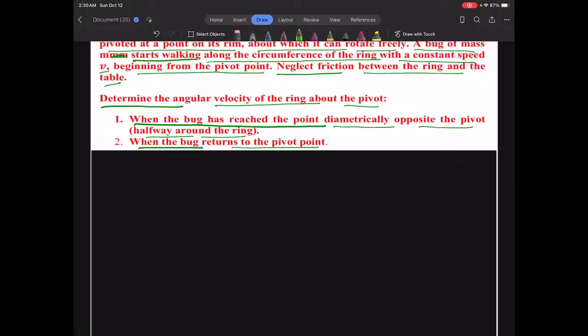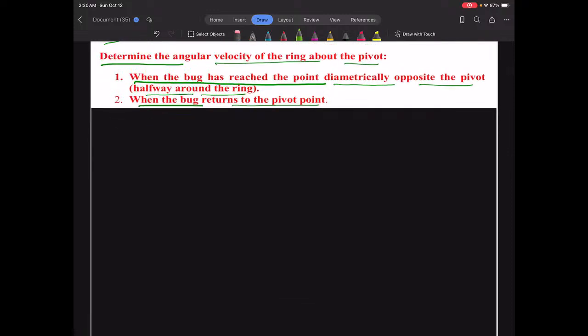So we can just draw its approximate figure. If we draw from its top side, we are going to have a ring, and this ring will be free to rotate. Let us suppose this is our pivot point, and we call this A, and this is the center, let us call this C, and the bug is initially at this pivot point.